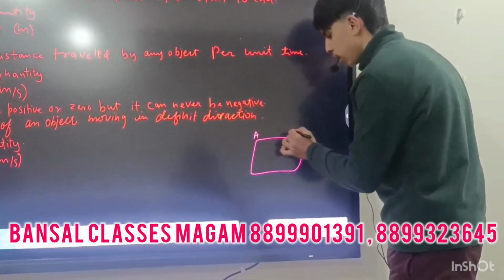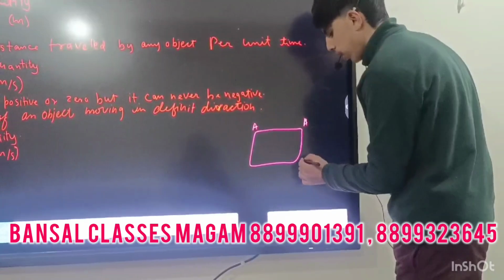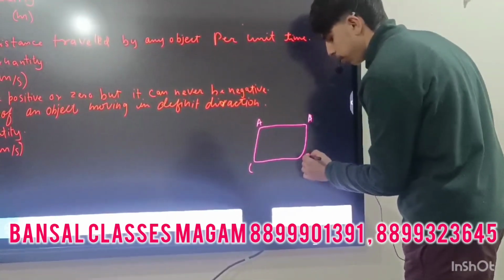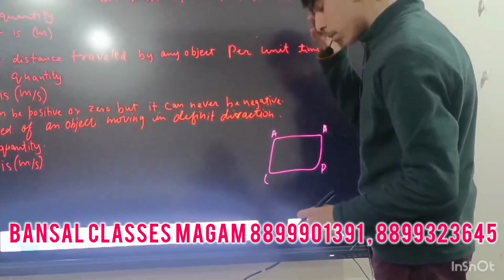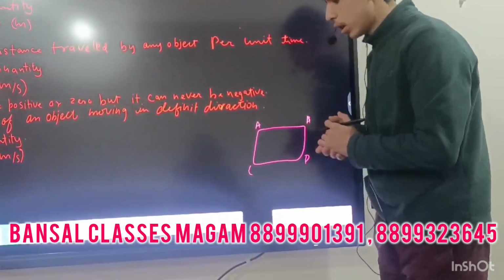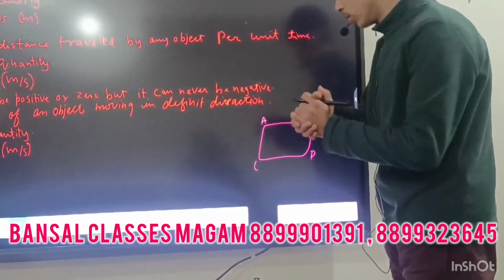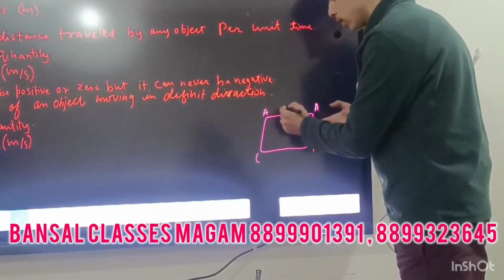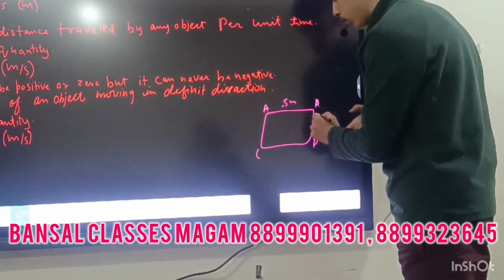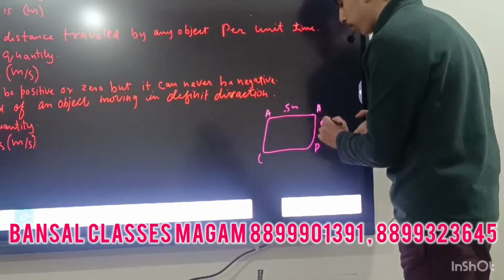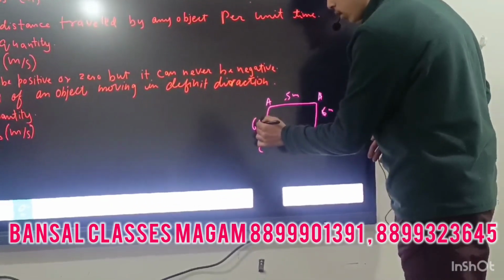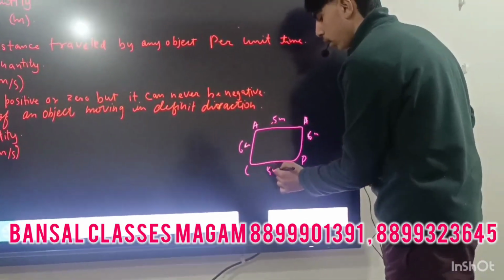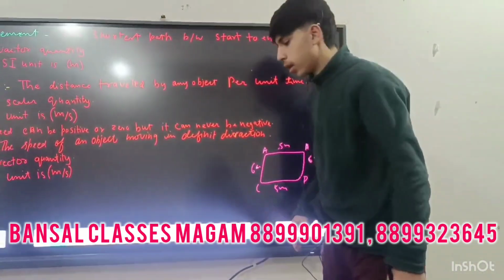This is A, B, C, D. What must be its displacement? Its sides are 5 meters, 6 meters, 5 meters. This is basically a rectangle.